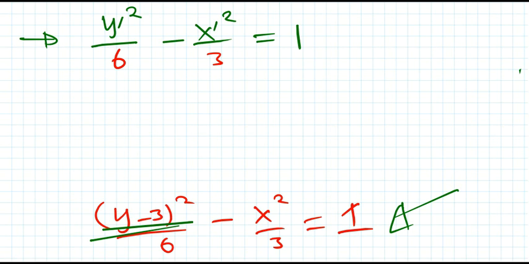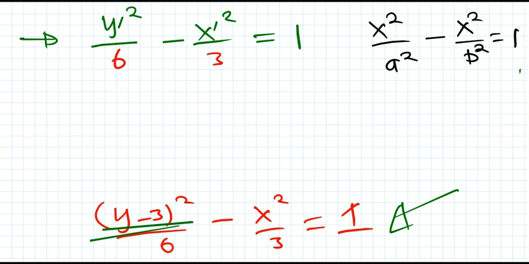Okay, so our a squared in the original form is matching up with 6, and then our b squared is matching up with our 3 there. So therefore, if we try to find a from a squared equal to 6, that will give us plus or minus root of 6.